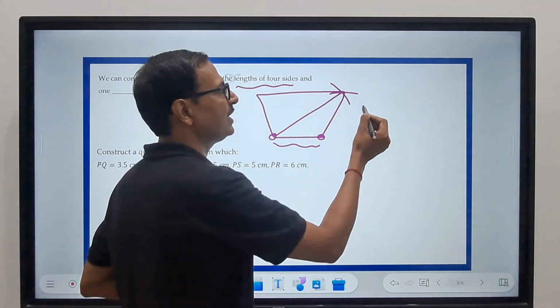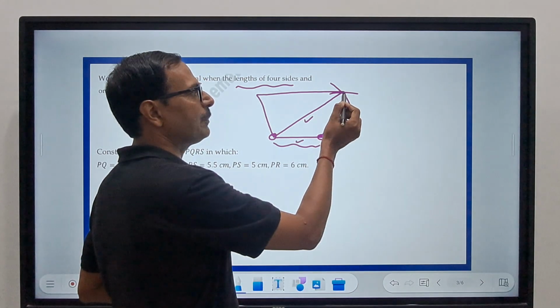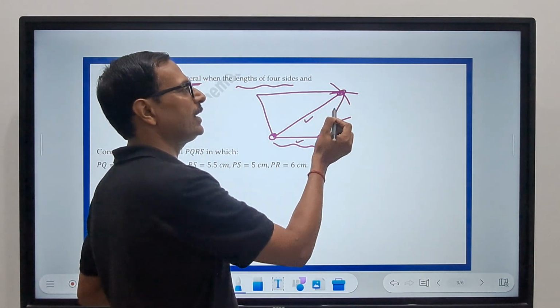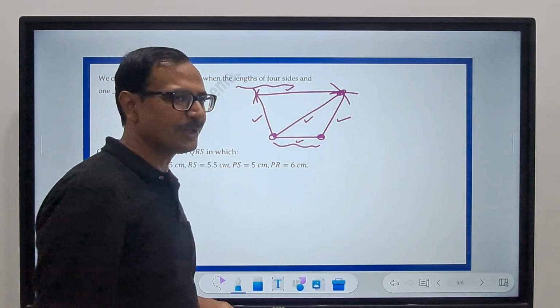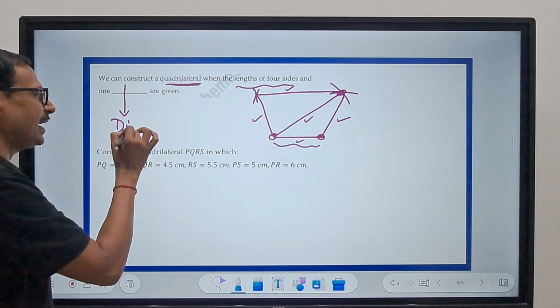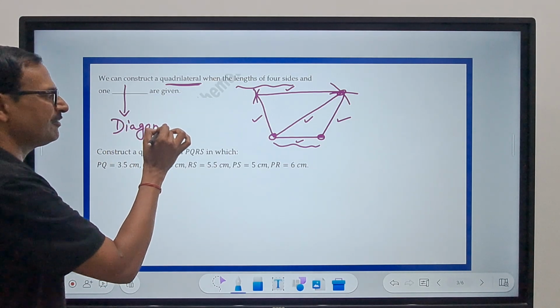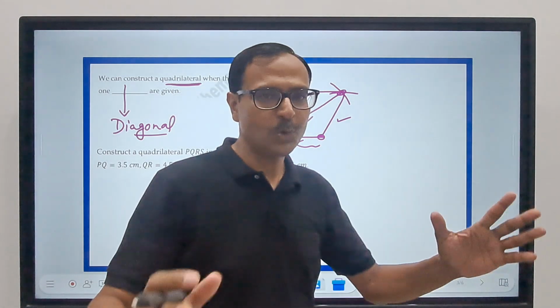Using this I will intersect it. So this done, this done, this done. I get a point here, and from this point I can put arcs here to get my final point. And therefore the answer for this question is one diagonal. If one of the diagonals and all the four sides are given, I can actually construct the quadrilateral.